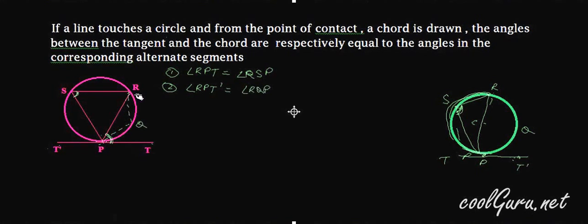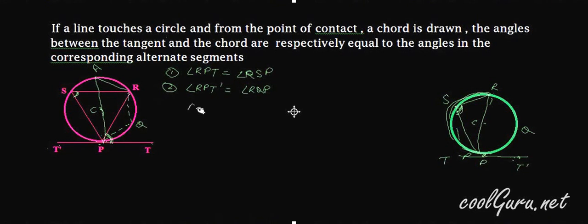Now for this, first let C be the center of the circle. Join this center to the point P and extend PC to A, and also join AR.